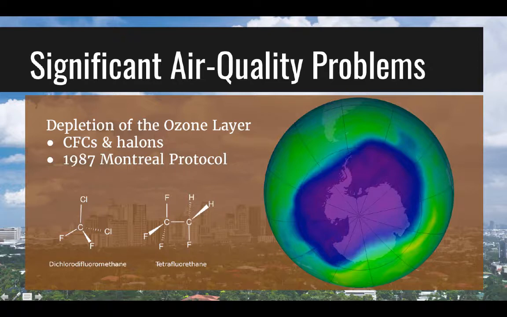The other depleting compounds are halons found in fire extinguishing foams. The 1987 United Nations Montreal Protocol aims to decrease ozone-depleting compounds and allow ozone layer recovery by about 2050.